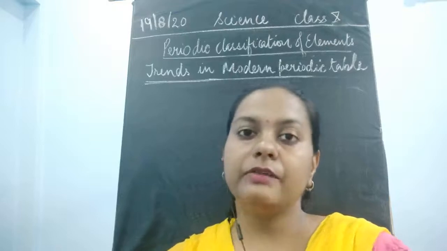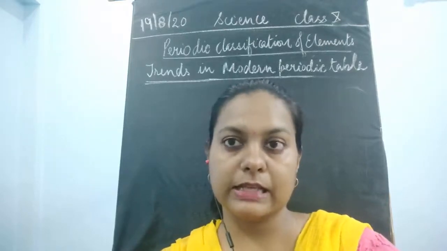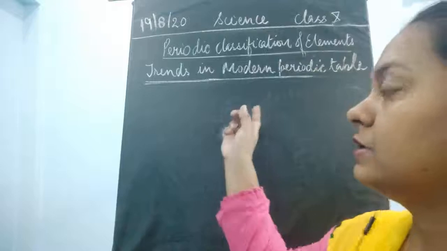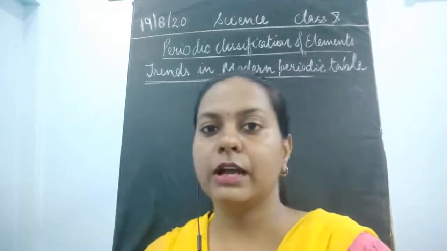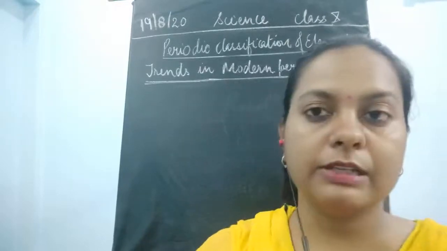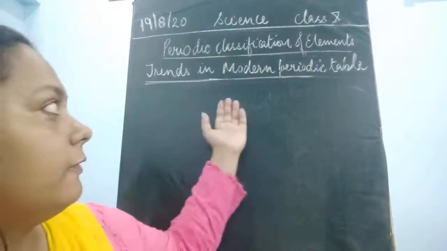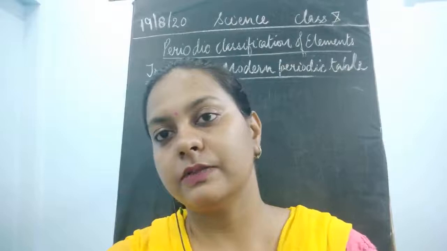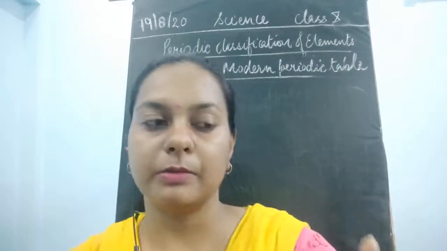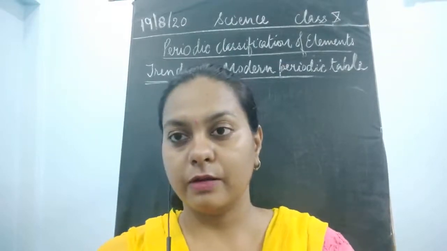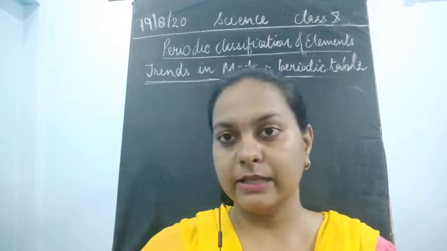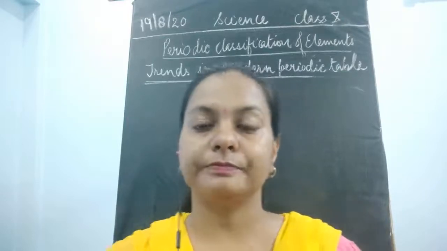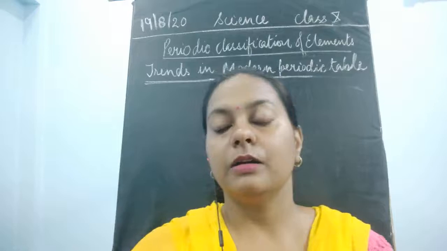Okay, and then we have also seen in the last class that there is a trend in this modern periodic table. Now what kind of trend are we talking about? We are talking about the sequence of the different periodic functions. Now what are these different periodic functions? They could be atomic mass, atomic number, where the number gets increased.